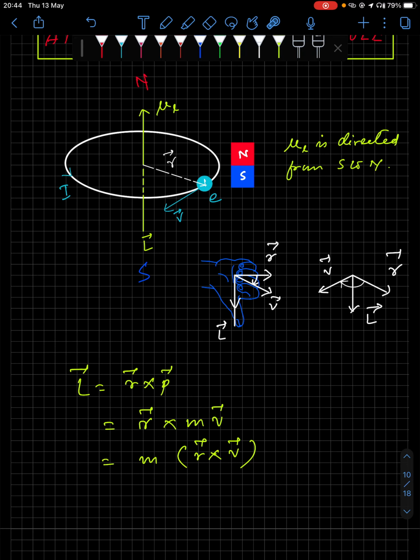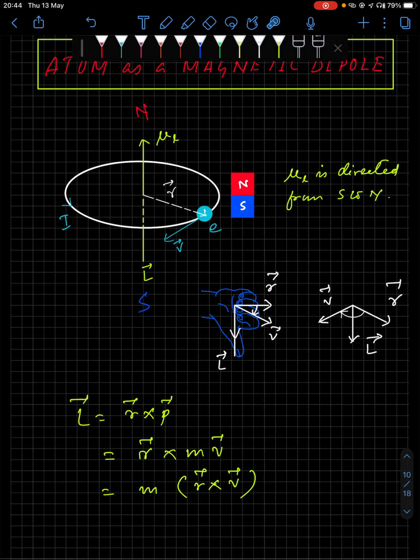Now apply the right hand palm rule: you open your palm and you close your palm. If you remember, we used this for finding the direction in the vector product. So for A cross B, the n cap direction, the unit vector direction, was found using the right hand palm rule.